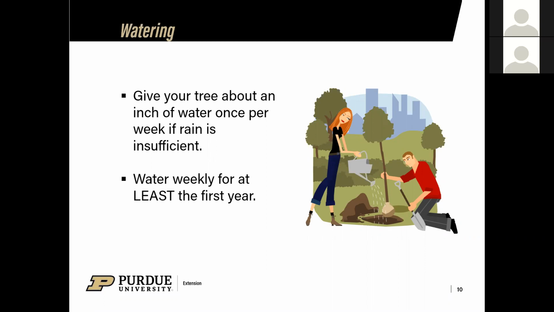So use some type of trickle irrigation, just laying a garden hose out there with a small trickle coming out of it and letting that water go on slowly. I recommend watering that way for at least the first year.